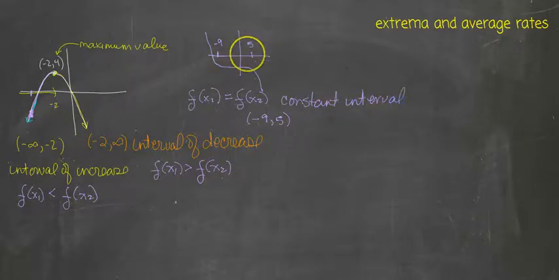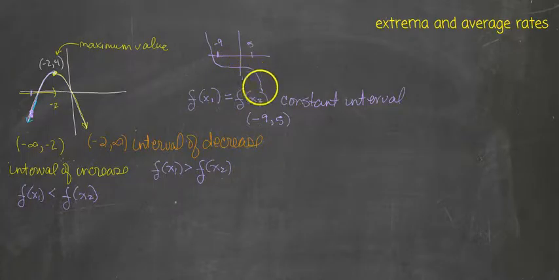So we have 3 things that can happen to a graph, and we have 3 new ways to describe something that we've seen before. Graphs decrease, meaning as you choose x values in the positive direction, the y values are going down. We have constants on an interval, which means every time you choose a greater x value, you get the same exact y value.